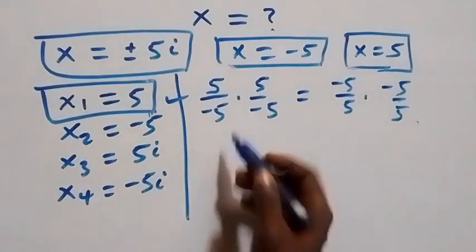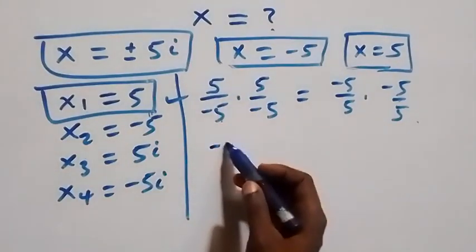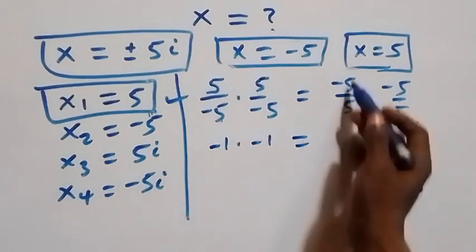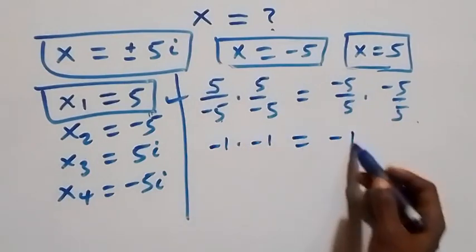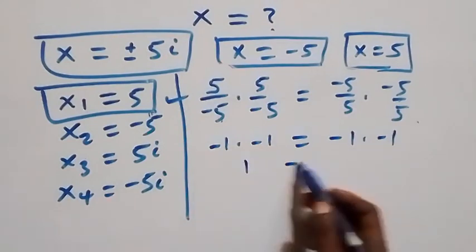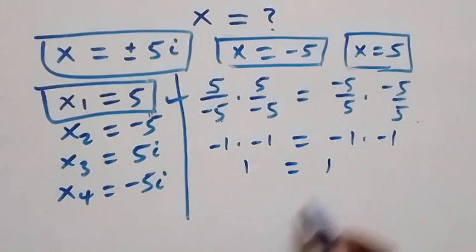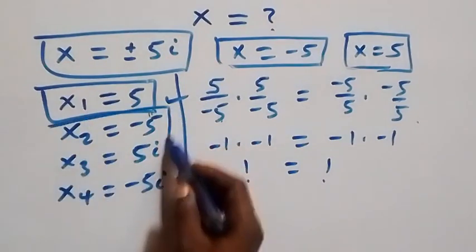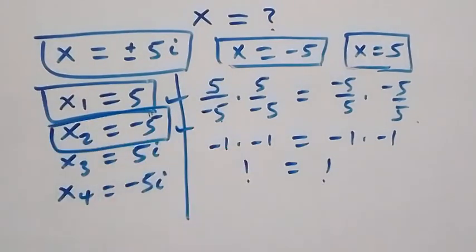That is, 5 over minus 5 is also minus 1, times here also minus 1, is equal to, here we also have minus 1 times minus 1. Minus 1 times minus 1 is 1, which is equal to 1 here as well. Left hand side equals the right hand side. So x equals minus 5 also satisfies the given problem.